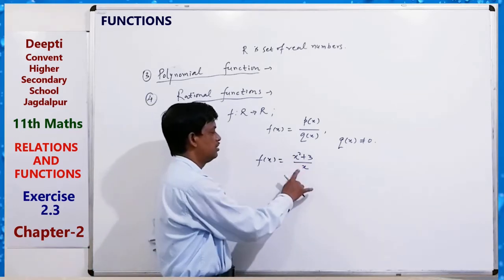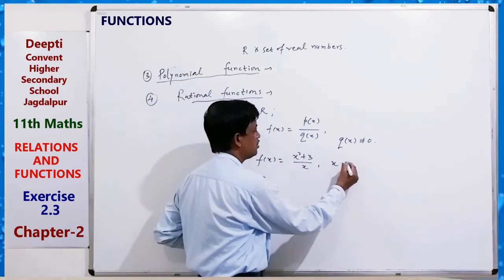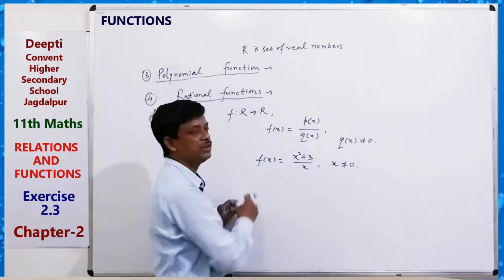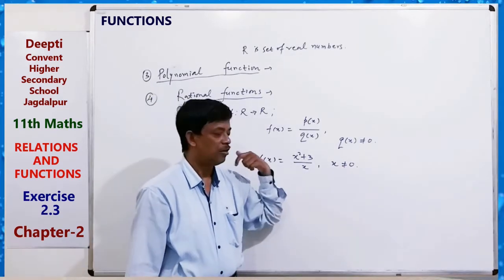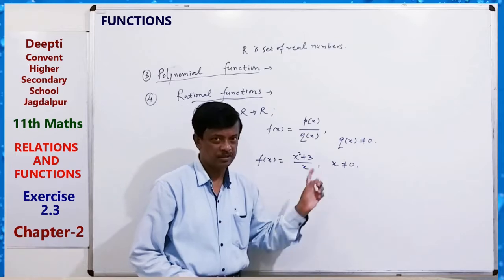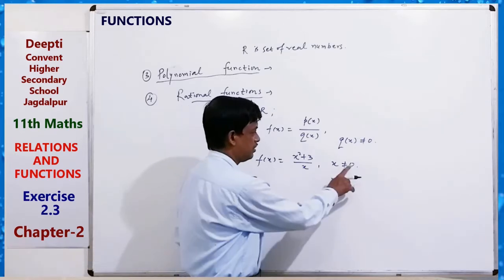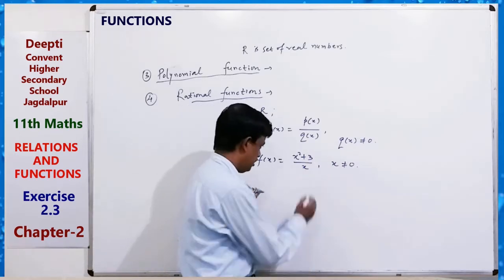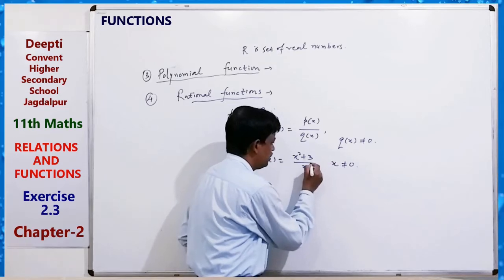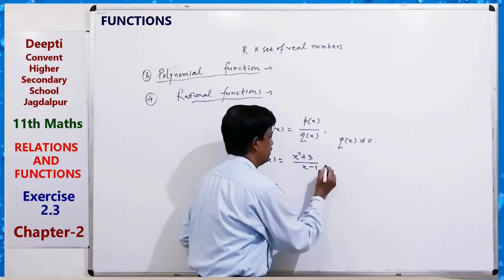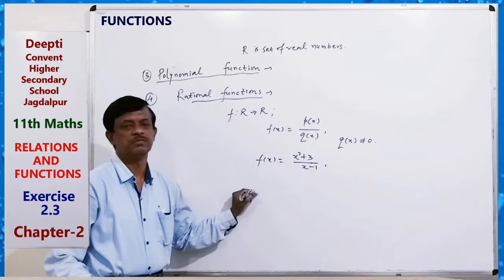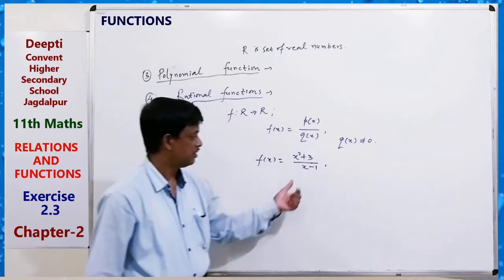Second degree polynomial, third degree, where x is not 0. That means its domain contains all real numbers except 0. If we write x minus 1, then we can write it like this.